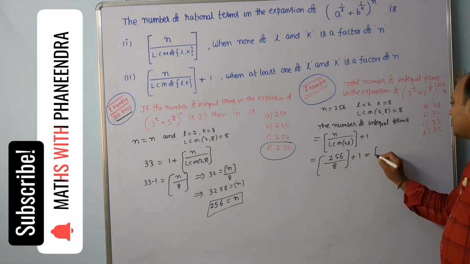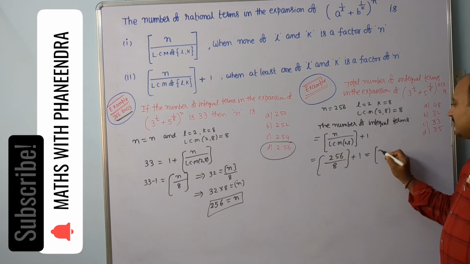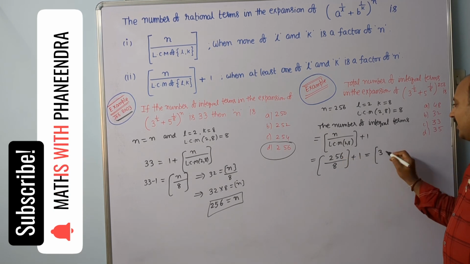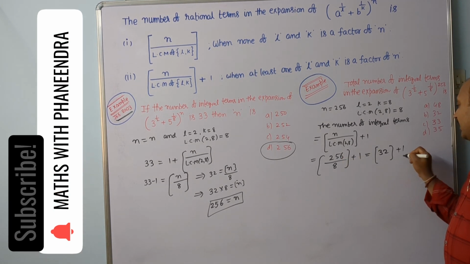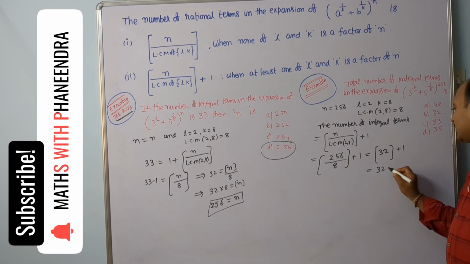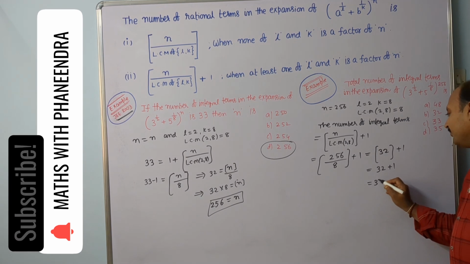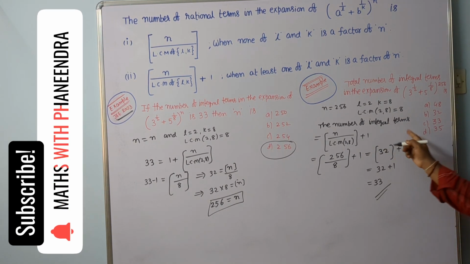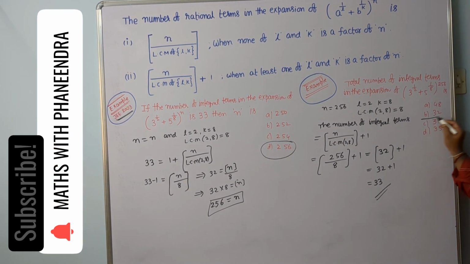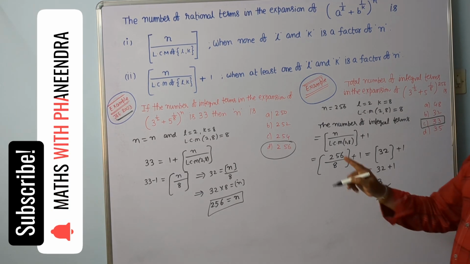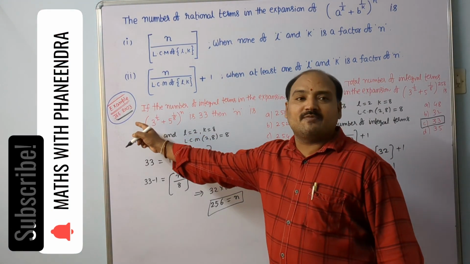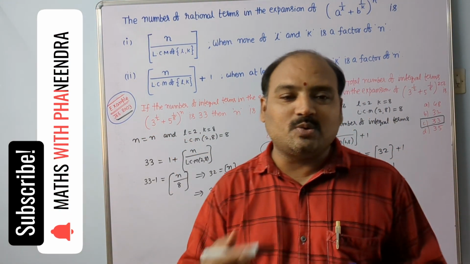So that is equal to step of 8 threes are 24, 32 exactly. Step of 32 is 32 plus 1, that is equal to 33. Therefore, the number of integral terms is equal to 33. So both ways, vice versa, it was given in one of the JEE Mains exams. We will move on to another question.